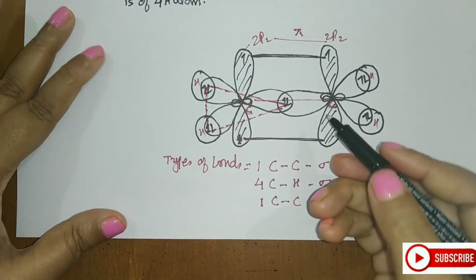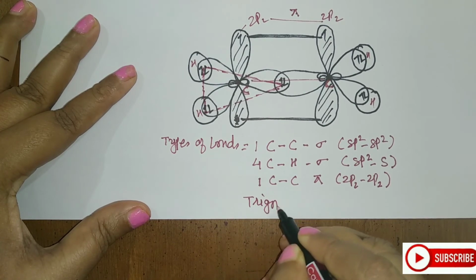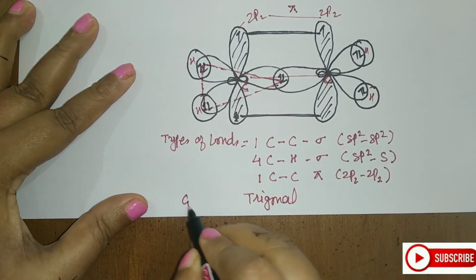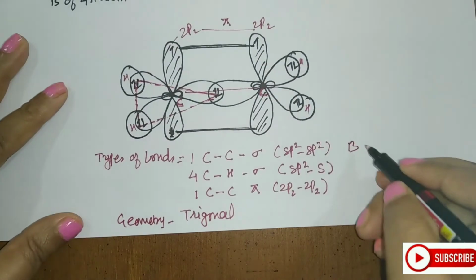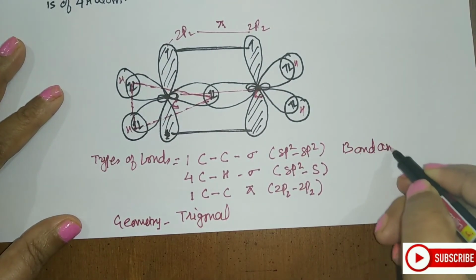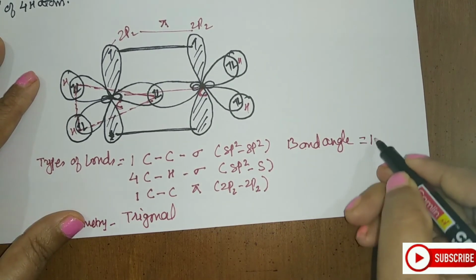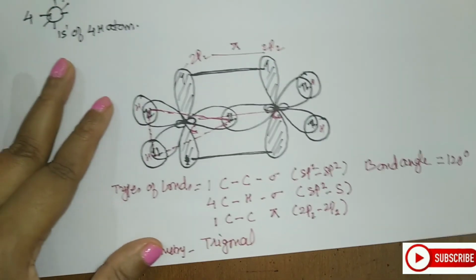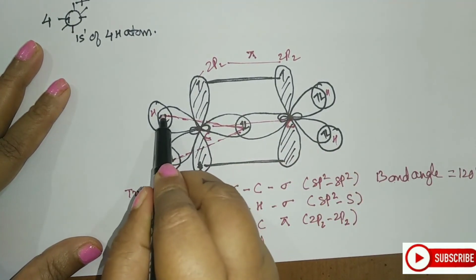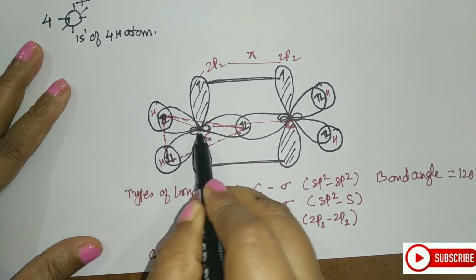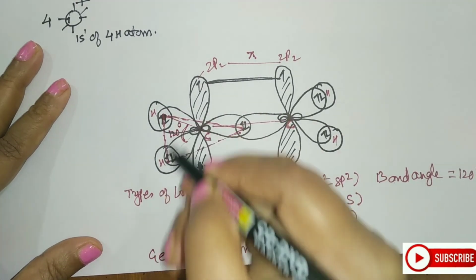So the geometry here is trigonal, and the bond angle here, as there is no lone pair, is the regular bond angle of 120 degrees. Where will you show this 120 degrees? This 120 degrees will be between hydrogen, carbon and hydrogen. So this is the bond angle, 120 degrees.